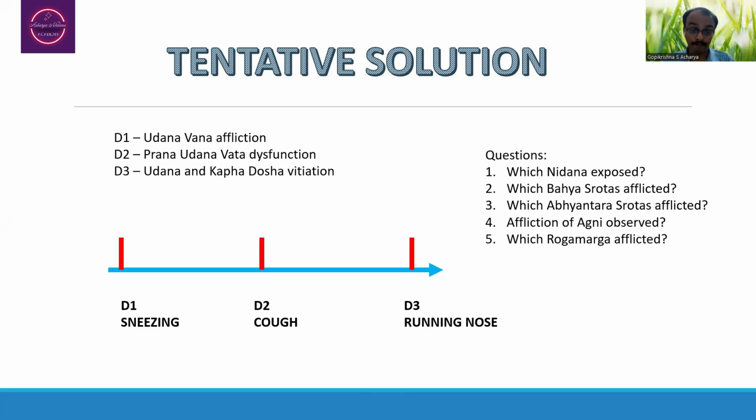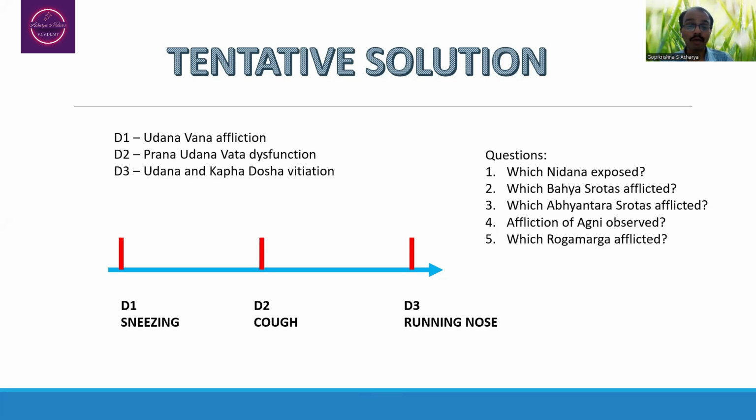We have to identify. So whenever we think about the first day sneezing, in the sense the organ that is responsible for sneezing, that is the nose. So that means the exposure of Nidana is going to take place through Bahya Srotas, that is the nose as such.